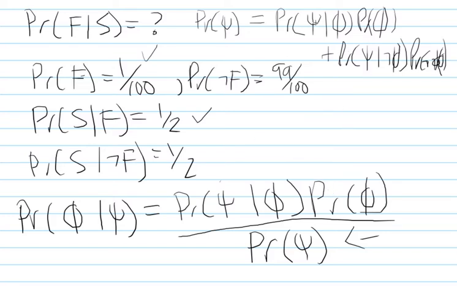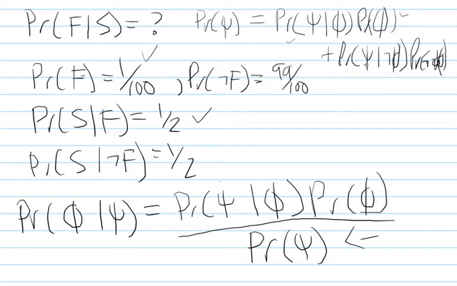So essentially what we do is we compute this law of total probability, and then we combine that with the numerator, which we know. And the reason why we can figure out the law of total probability is because, look, the first term that we're summing up is actually just the numerator repeated. So we already have those probabilities from the question.